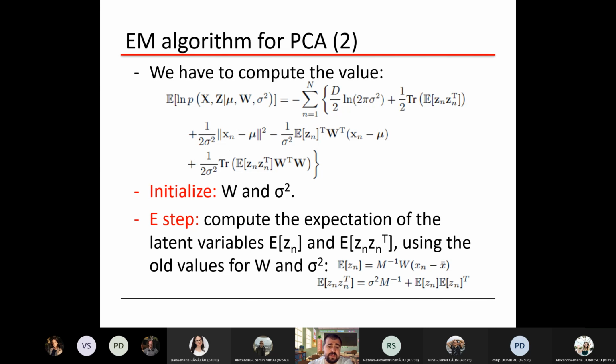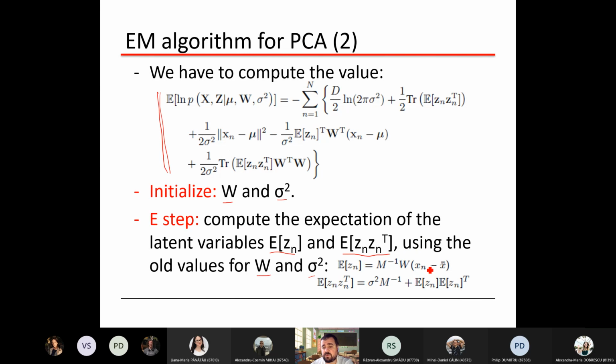So actually what we have to compute is this ugly formula. I won't insist on it. We will initialize W and sigma square. In the E step, we will have to evaluate the expectation of Z and the expectation of Z multiplied with Z transposed using the old values for W and sigma square.